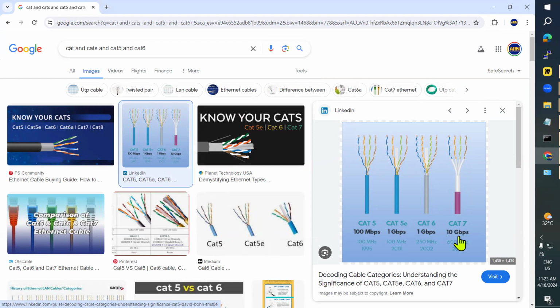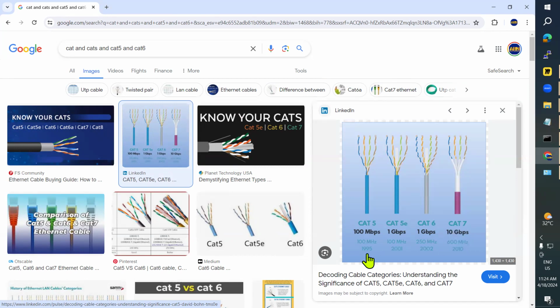If you see an electric scooter, the maximum speed is 60, 70 kilometers. If you see a petrol scooter, 120, 150 or something, right? Based on the vehicle, the speed will decide, like based on the cable, the speed will decide.